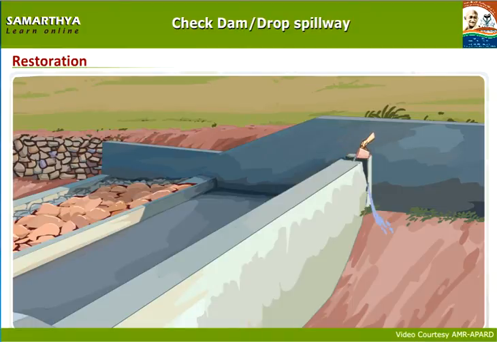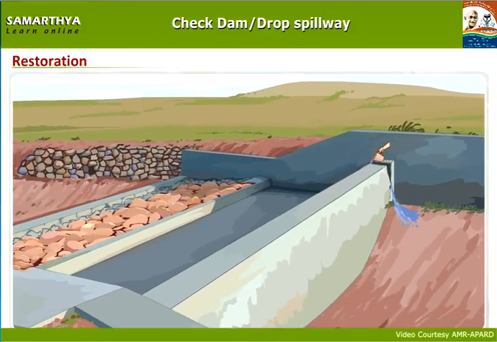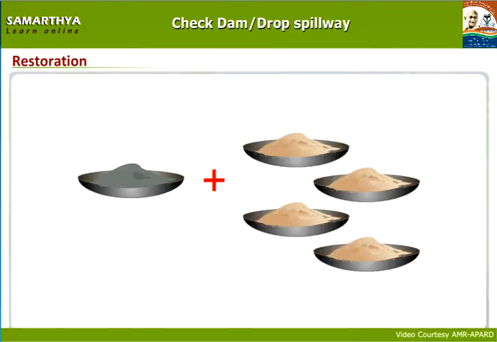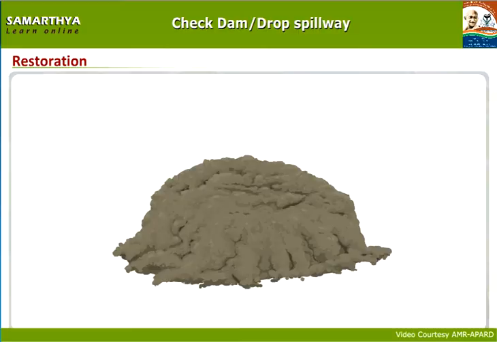Plastering must be done with 1:4 mix mortar at the cleaned place. 1:4 mixed mortar is a mixture of 1 unit of cement and 4 units of sand mixed well with water. The mixture should be mixed thick rather than watery. Then apply the mixture inside the cracks.